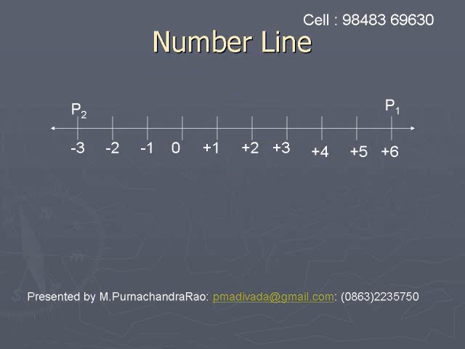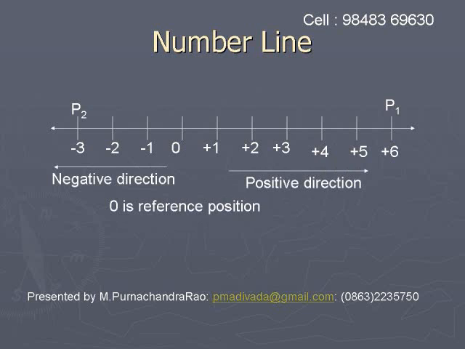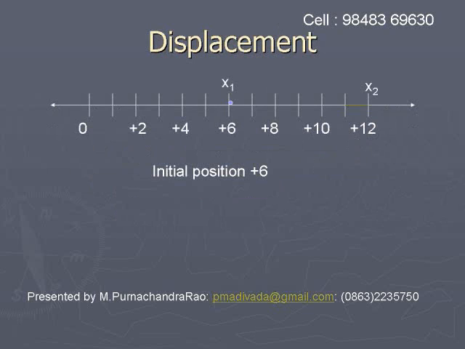Though the quantities are taken as +1, +2, +3 from 0 to the right and -1, -2, -3 to the left of 0, in fact the direction from left to right is positive and the direction from right to left is negative.